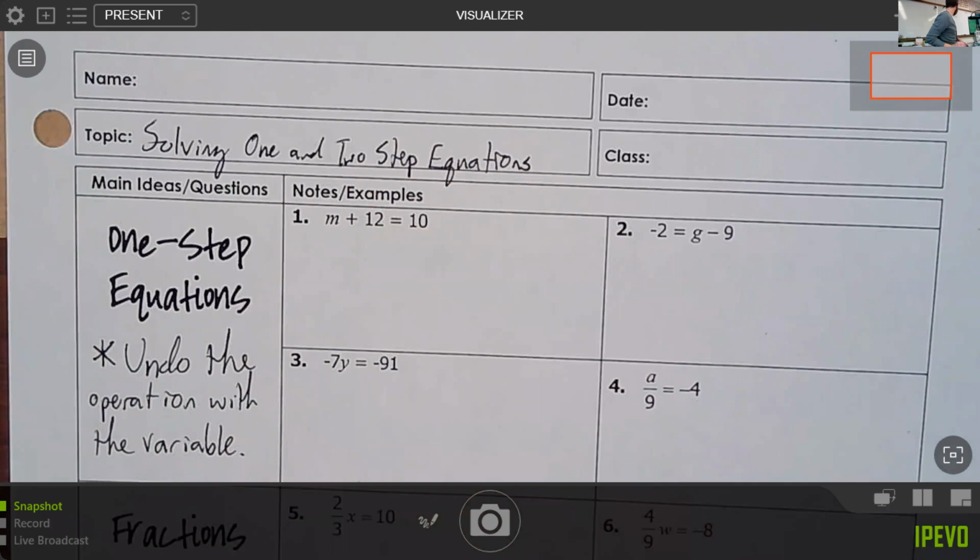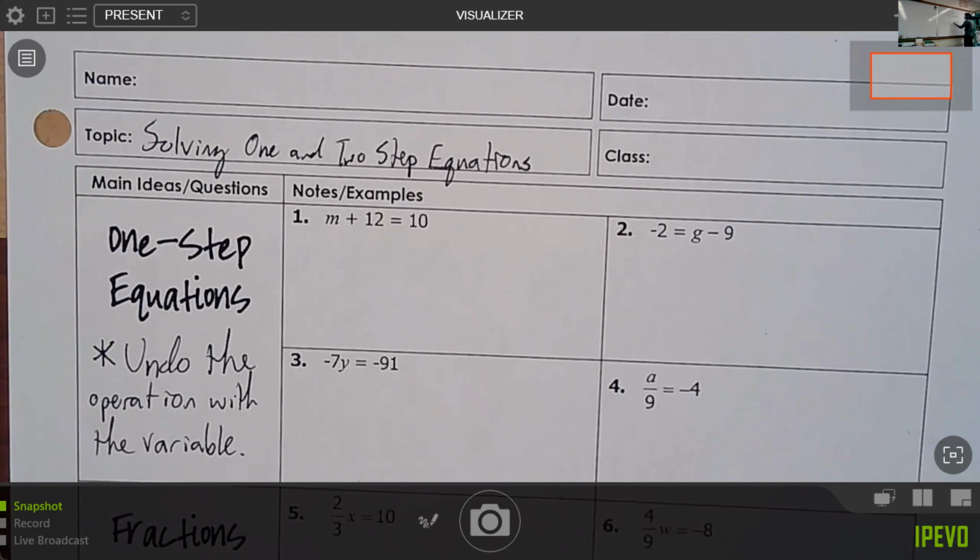Some of you might have seen this before, but there's something that happens a lot in math where teachers will use different analogies, and an equation is kind of like a scale. You guys seen scales in science where you have to keep it balanced, right? So this side is the same weight as this side, it equals each other. So if you've got yourself this scale, right, this side over here has to be the same weight as that side if it's going to be balanced.